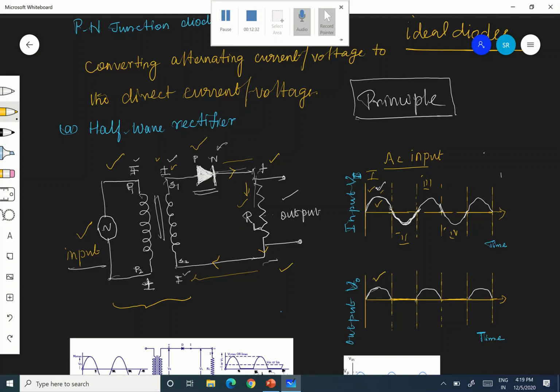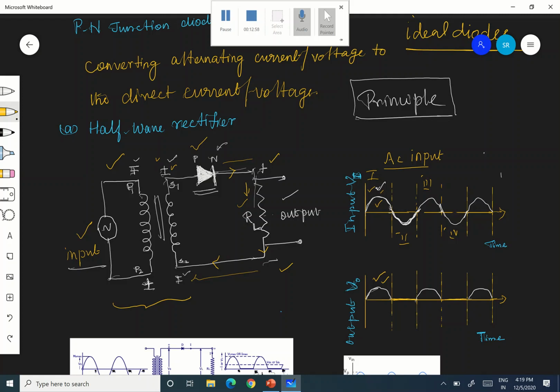So for the first half cycle, the PN junction diode conducts fully. It allows the current, so everything is allowed and this one is the output. There won't be any change in amplitude; whatever the input is, it allows everything, therefore you get the output during the first half cycle.